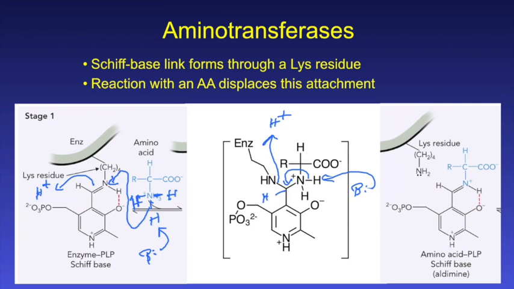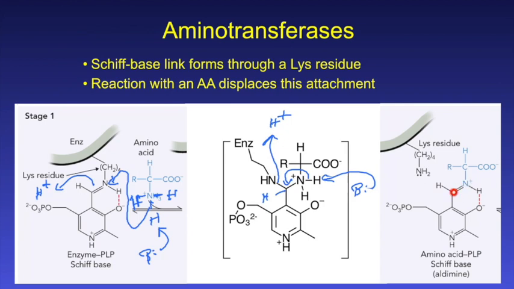Still attached to a Schiff's base, but now this makes the amino acid much more reactive than it once was. Okay, the last time the lysine reacted with its R group and it had just methylenes, but here I have a different set of reactions. I have a carbon and nitrogen, that's the same, okay?